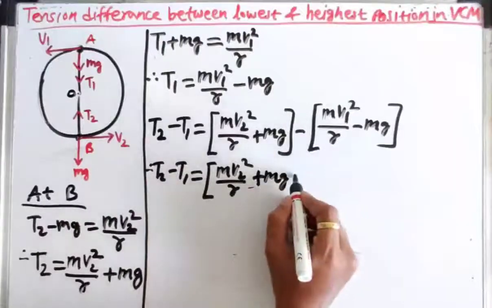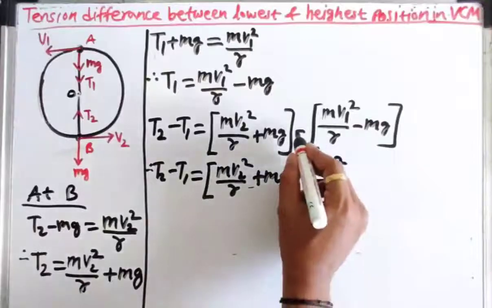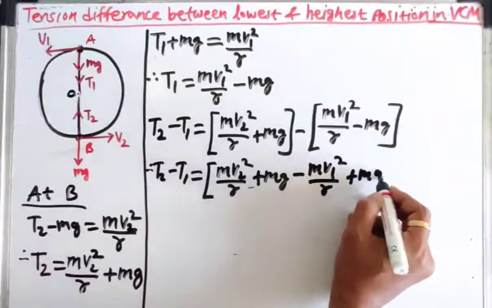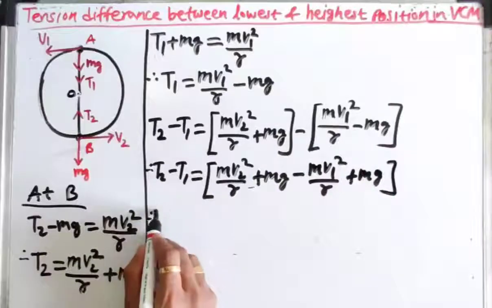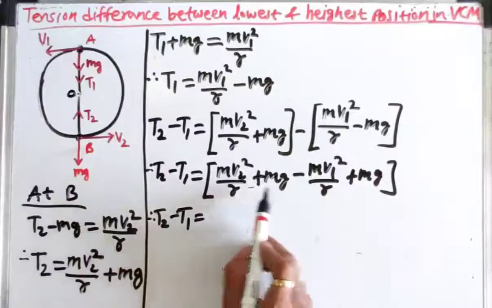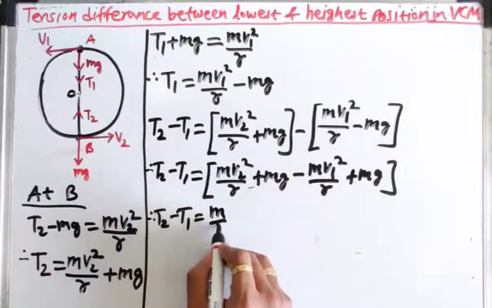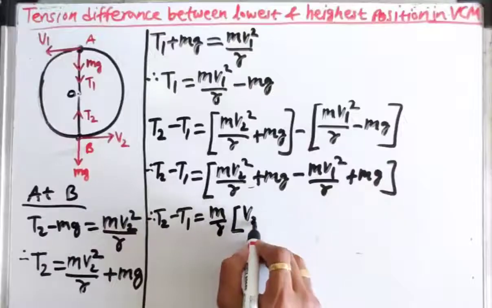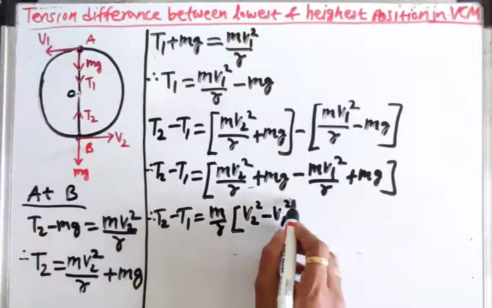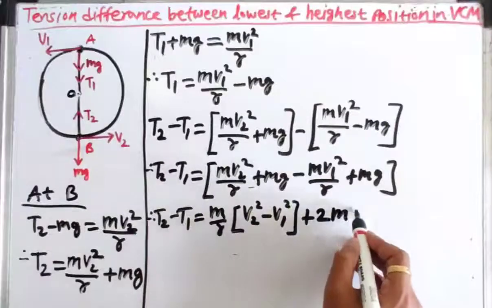If we open this bracket, we get minus mv1 square upon r, and minus minus mg becomes plus mg. So T2 minus T1 is equal to, from these two terms we can take out m by r common, so we can write m upon r into bracket v2 square minus v1 square, plus mg and mg, which becomes 2mg.